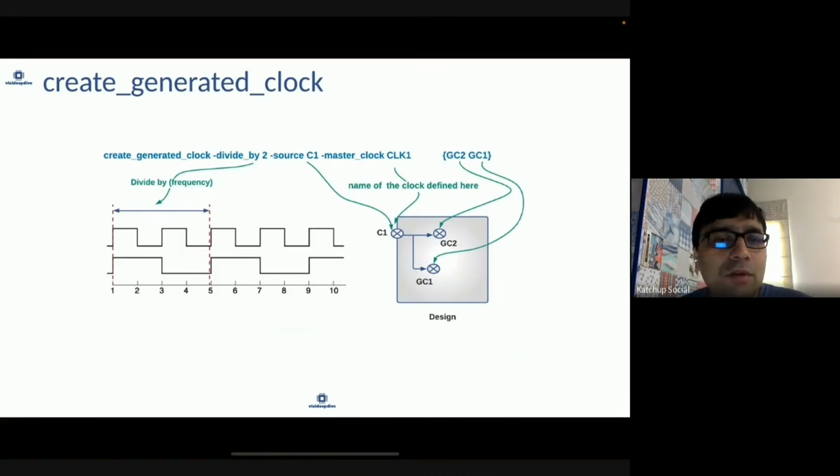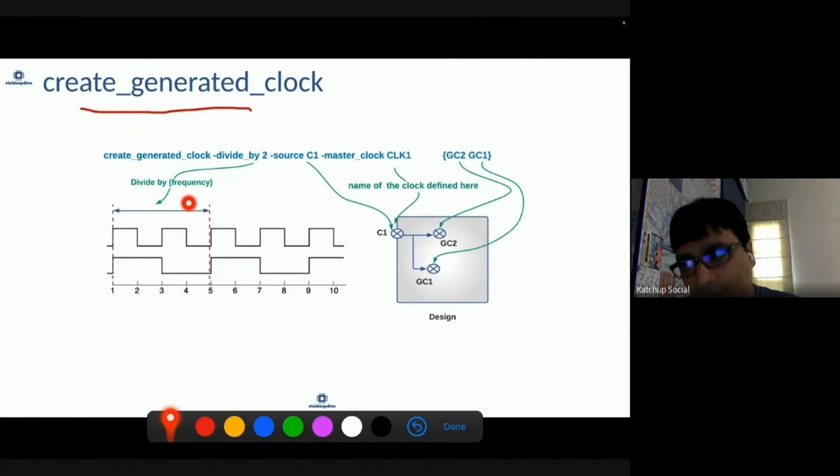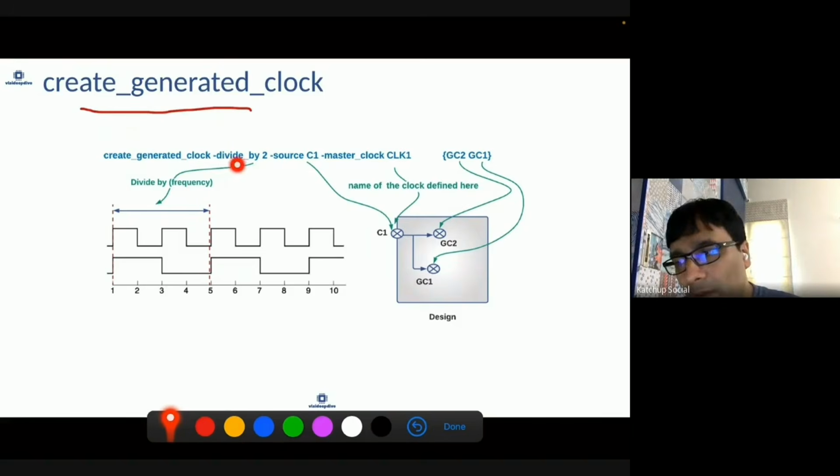And the command used to define this is create_generated_clock. So create_generated_clock creates a version, either a divided version, multiplied version, or some other modified version of a parent clock. You have the -divide_by option, where you're dividing the frequency of the clock. So the period actually gets multiplied. You also have the -multiply_by option. One of those options can be used.